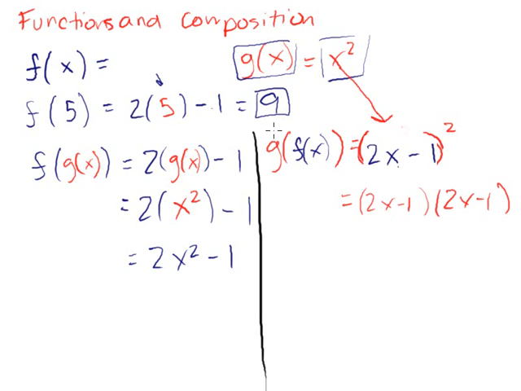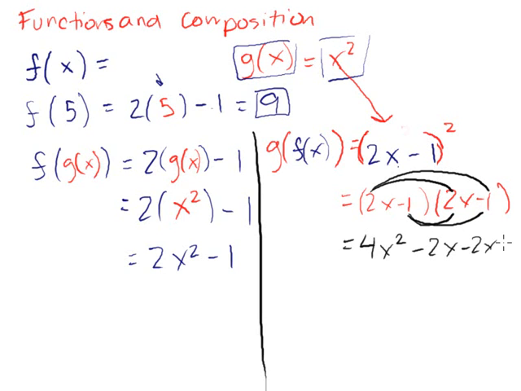If we FOIL this out and distribute all the terms, then 2x times 2x is going to be 4x squared. 2x times negative 1 is minus 2x. Negative 1 times 2x is minus 2x. And negative 1 times negative 1 is plus 1. And just combining my like terms gives me my answer.